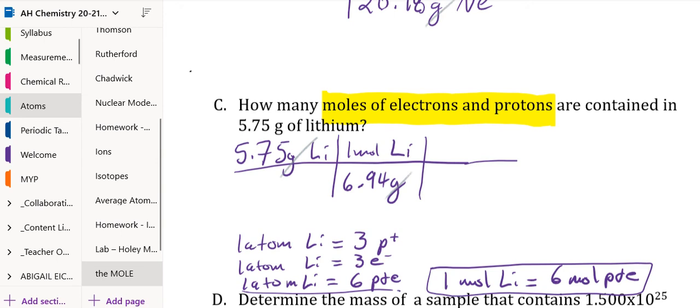So we divide them both by the same thing. So we can just skip that and say that 1 mole of lithium is 6 moles of protons and electrons. We can put 1 mole of lithium on the bottom and 6 moles of protons and electrons on top.